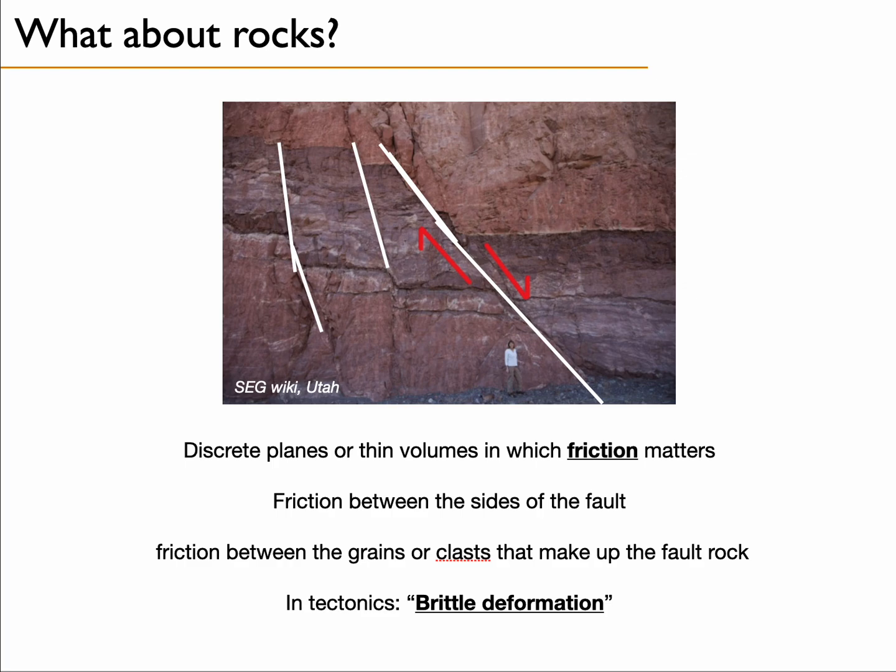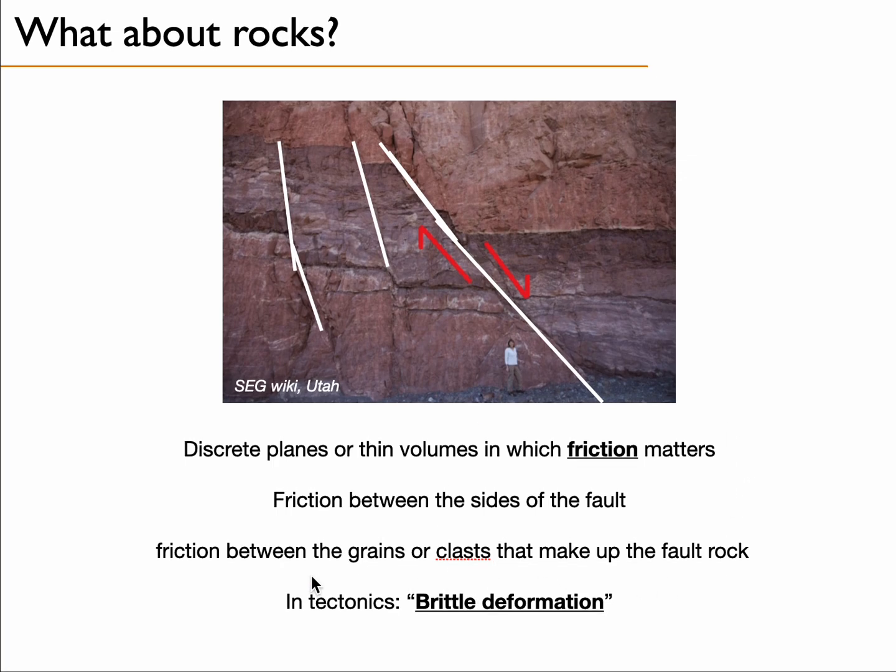So you get discrete planes and thin volumes in which friction matters. There is friction between the different sides of the fault and between the grains or clasts that make up a fault rock. Typically, it's called brittle deformation in tectonics. So friction matters at all the scales within the rock.